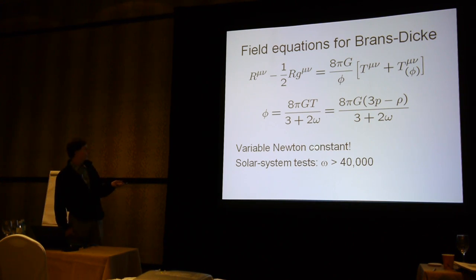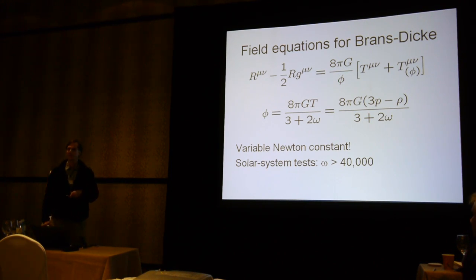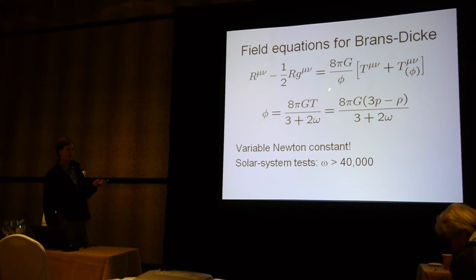And it so happens that in the solar system, we know that G doesn't vary much in time or in space. For example, from many different observations, from lunar laser ranging, from spacecraft ranging, from the Cassini spacecraft most recently, we know that this Newton constant is really constant to a high accuracy across the solar system.